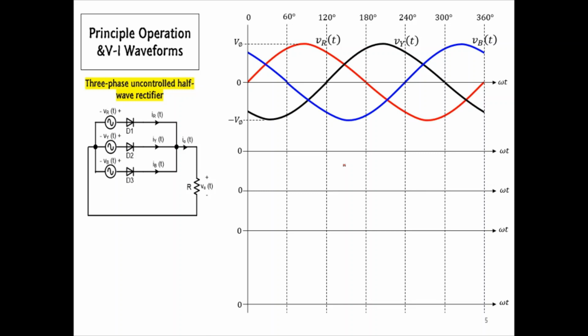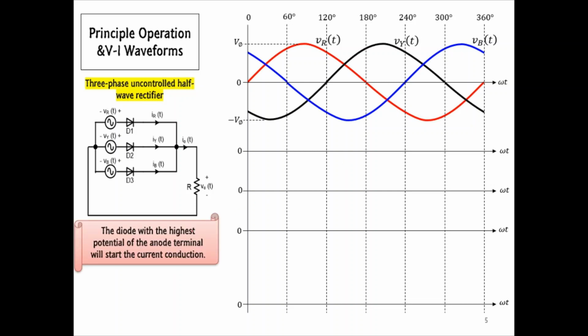Principally, only one diode will turn on at one time. To know the switching sequence of these diodes, we will refer to the potential value of the anode terminal of these diodes. For your information, the potential value of the anode terminals is directly proportional to the amplitude value of the phase voltages.